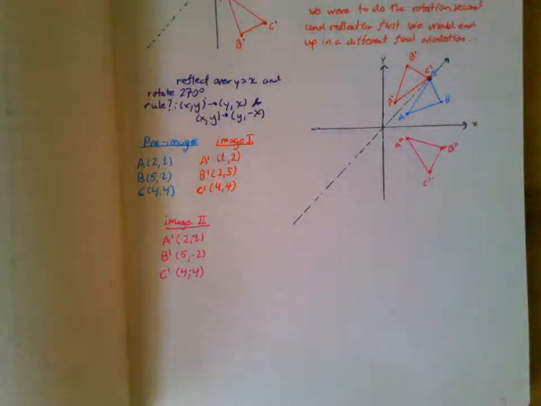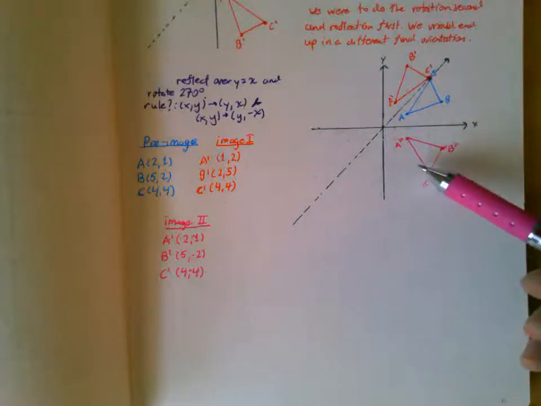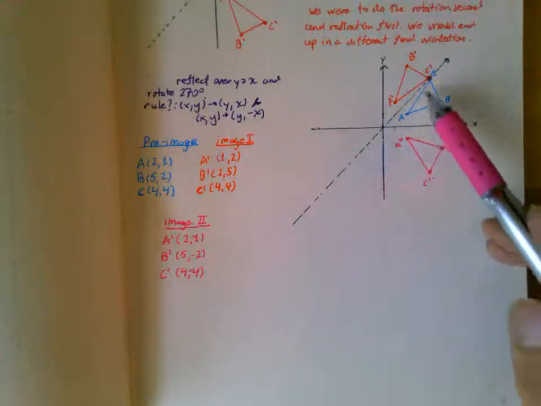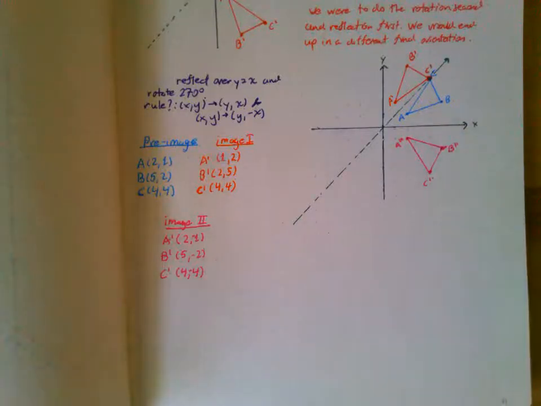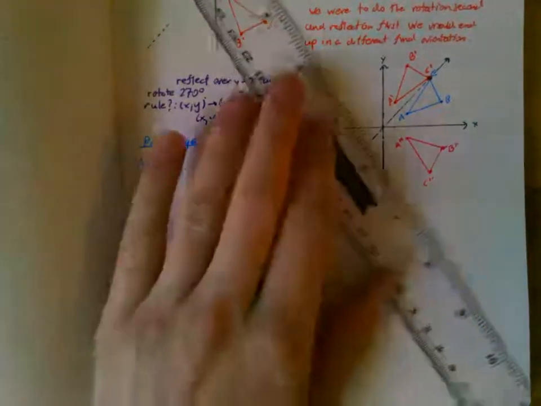And again, remember that what's funny about this is that if you look, this essentially right here is a direct reflection over the x-axis, but we're not doing that. So be careful. Some of these can confuse you and they can mess you up if you're not paying attention. Okay, but we are looking specifically at this rotation.